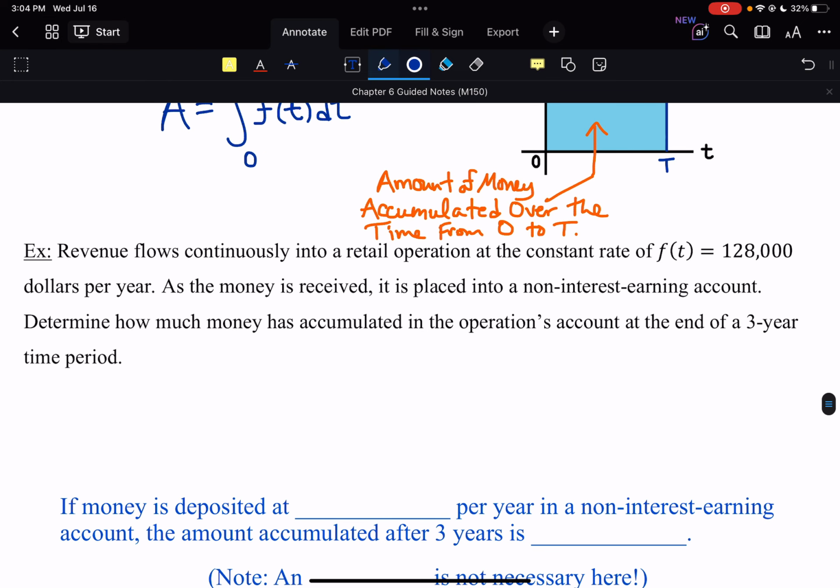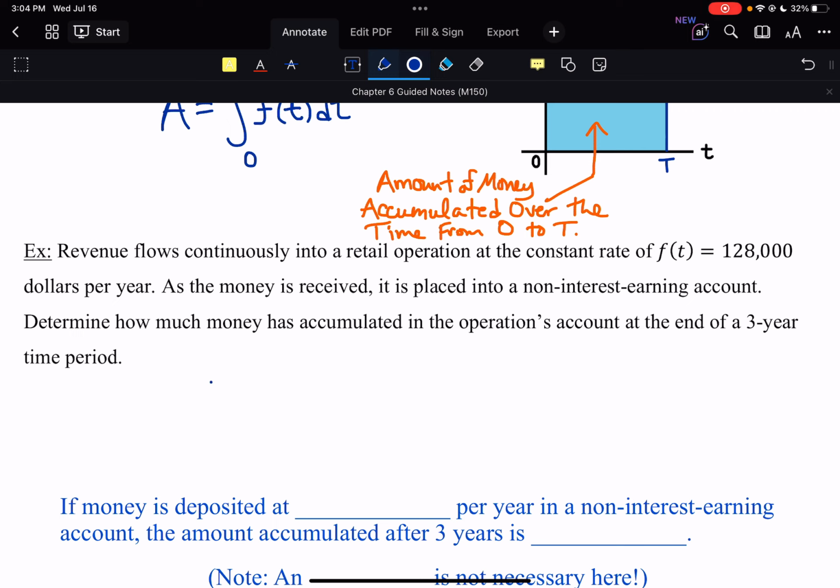Revenue flows continuously into a retail operation at the constant rate of $128,000 per year. As the money is received, it is placed in a non-interest earning account. Determine how much money has accumulated in the operations account at the end of a 3-year time period.